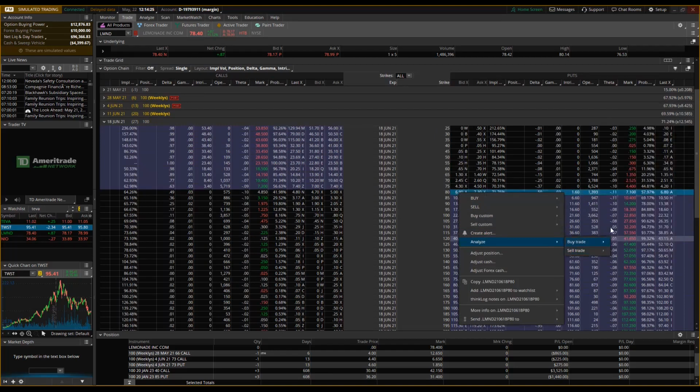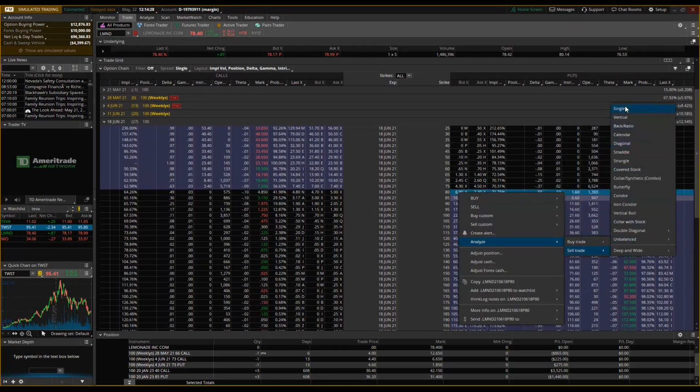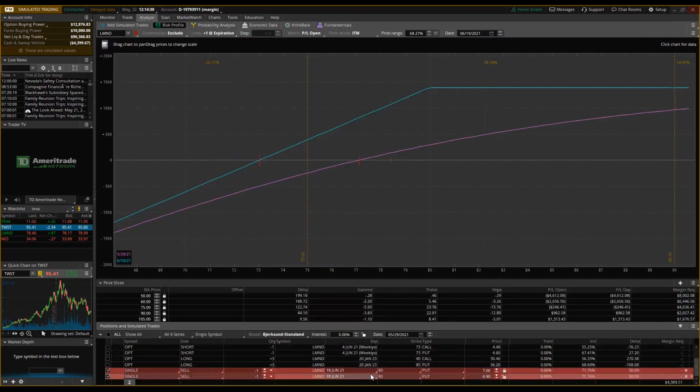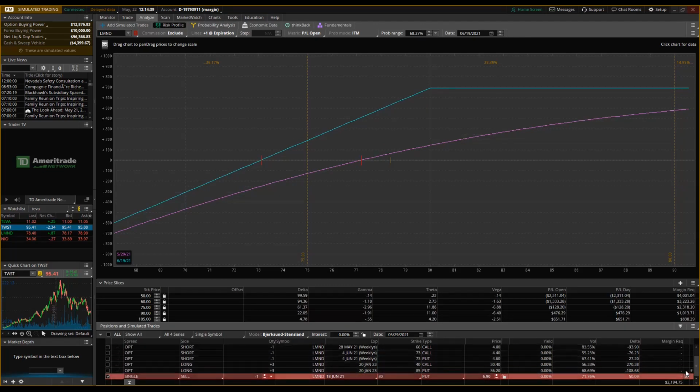Going to analyze, sell trade, single. And let's say that we got $7 now. We sold put 80 for $7.